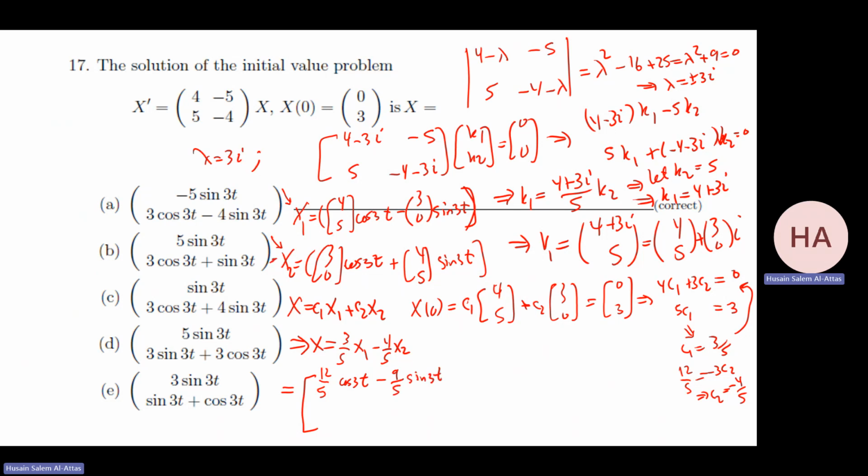Multiply here by minus 4 over 5. That'll give me minus 12 over 5 cosine 3t minus 16 over 5 sine 3t. In the denominator, I think it will be easier. That will be 3 cosine 3t. This is 0, gone.